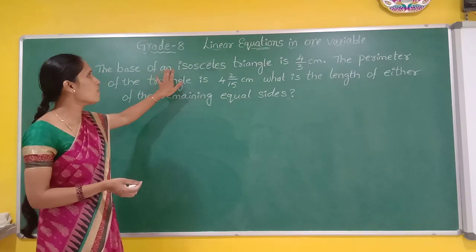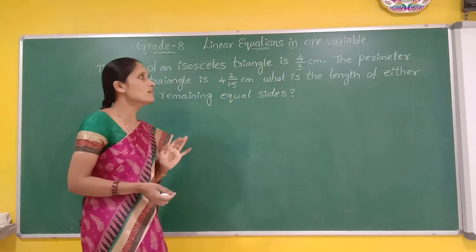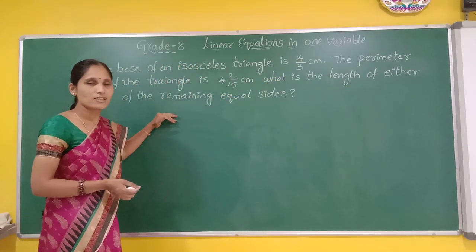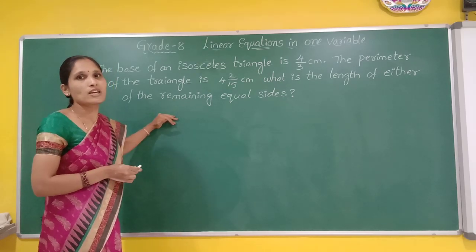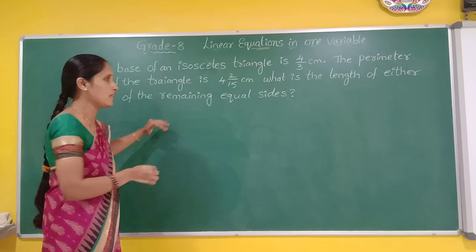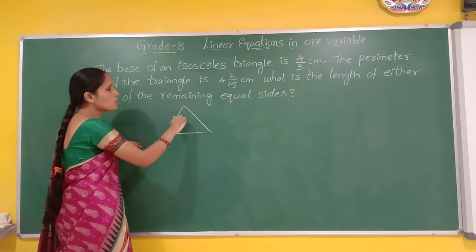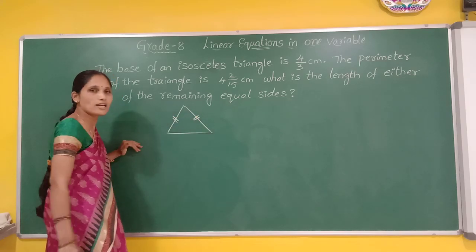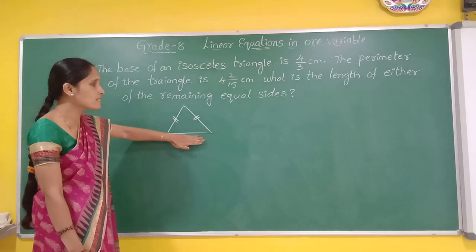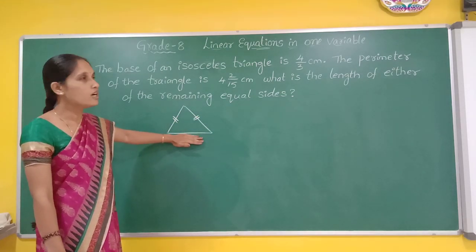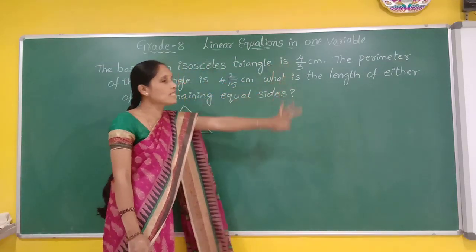The base of an isosceles triangle is 4 by 3 centimeters. Children, do you remember what an isosceles triangle is? In a triangle, when two sides are equal, it is called an isosceles triangle. So these two are equal sides. This is called the base of the triangle.